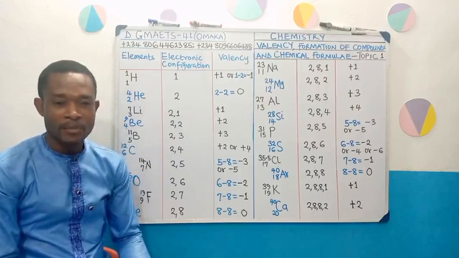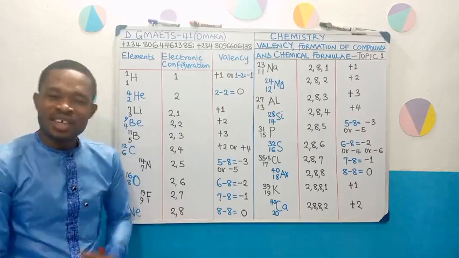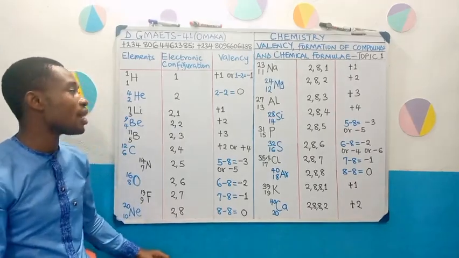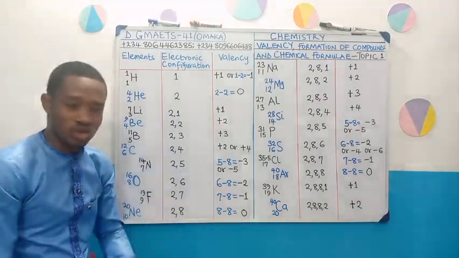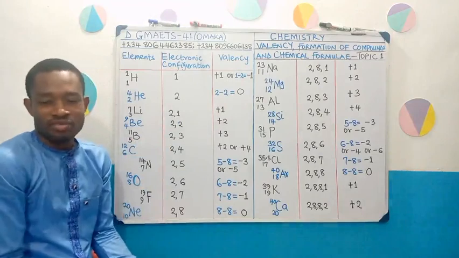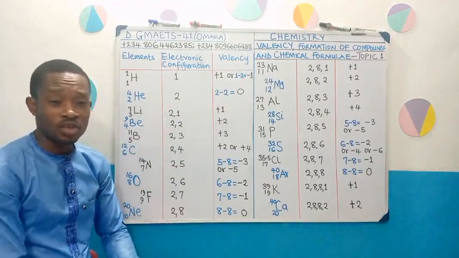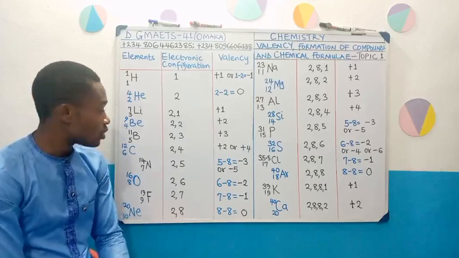Still, as a chemistry student, it's important for you, as much as you can, to memorize the relative atomic mass of these elements. If you can memorize them, fine. However, in most cases when questions are given to you, the relative atomic mass is usually given in the question.